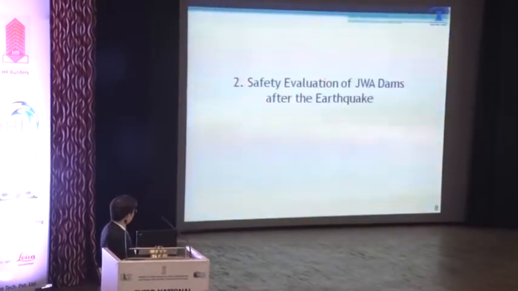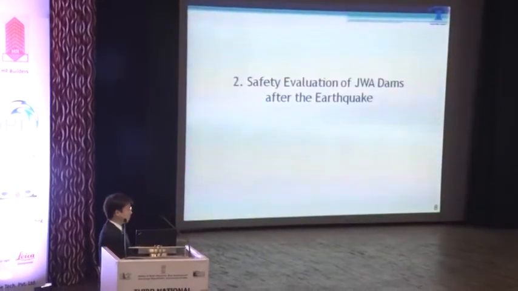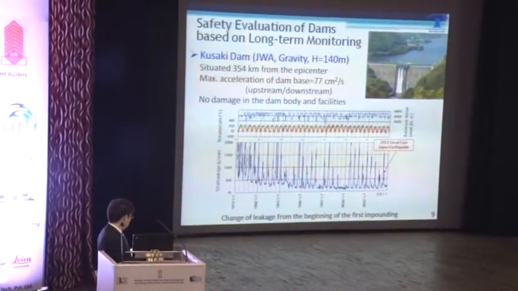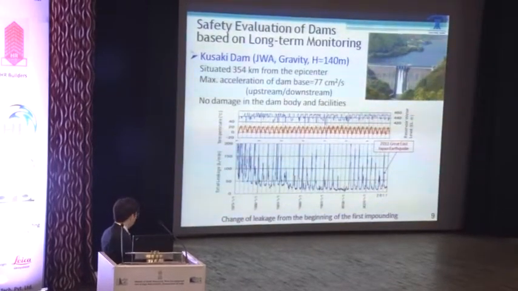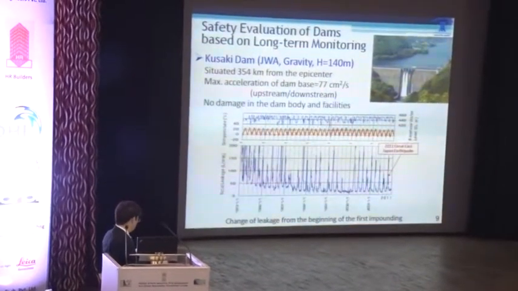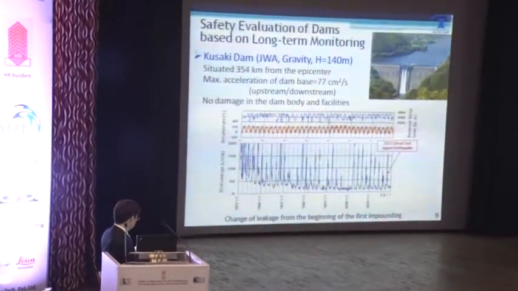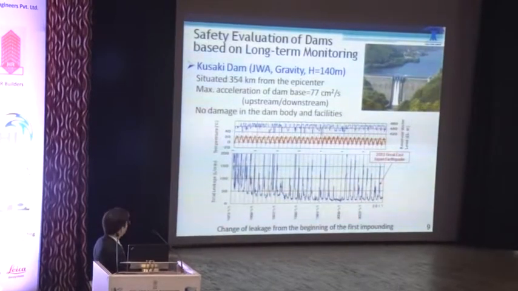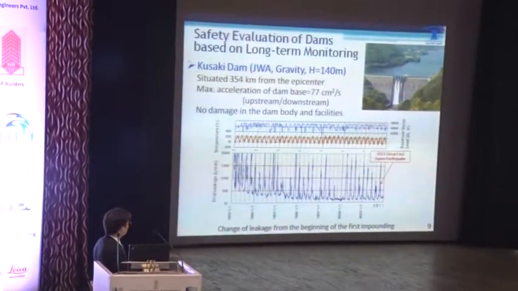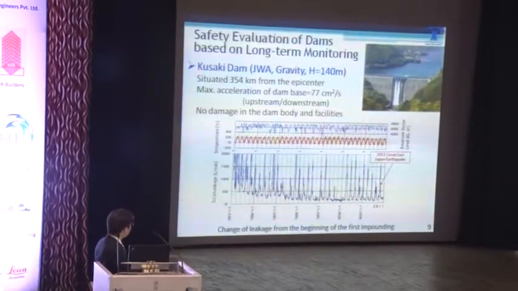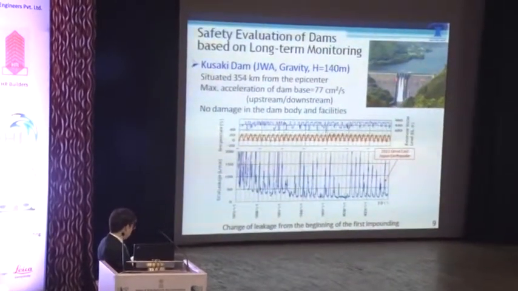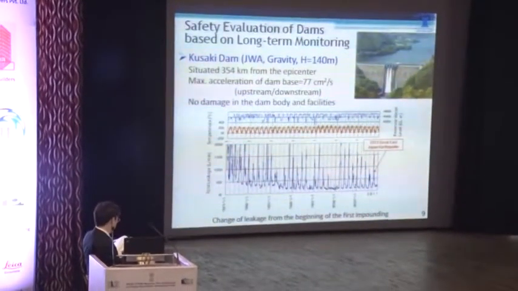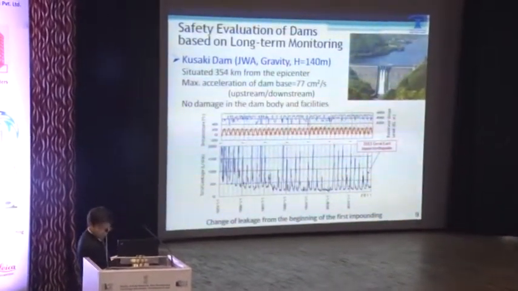From this slide, I'd like to show examples of two dams after the earthquake. This slide shows the example of Kusaki Dam. Kusaki Dam is a concrete gravity dam. The height is 140 meters. At Kusaki Dam, no extraordinary problem was found at the time of the visual check, but it was found that the leakage increased.